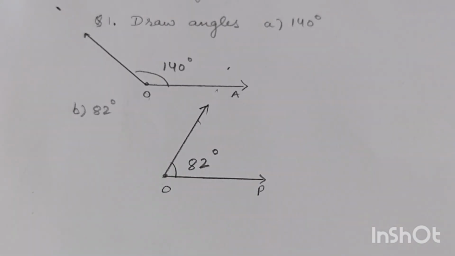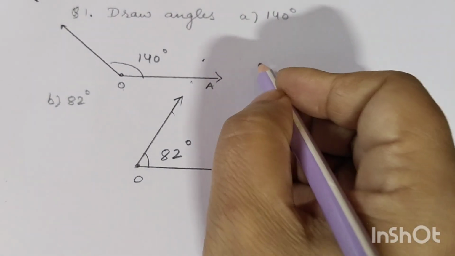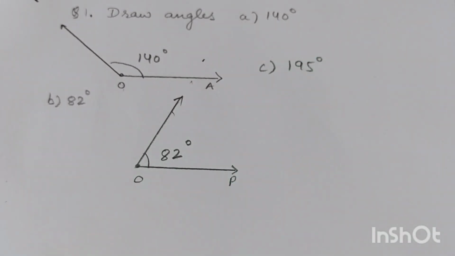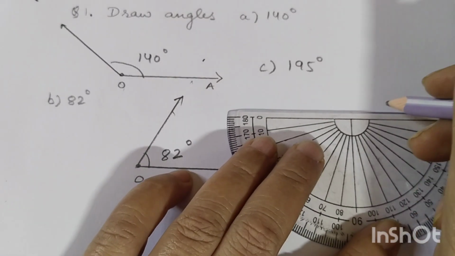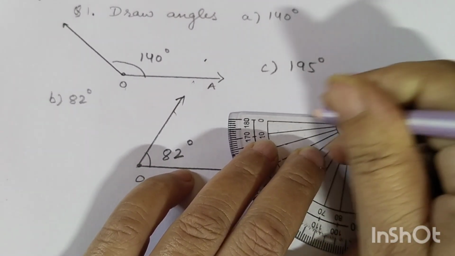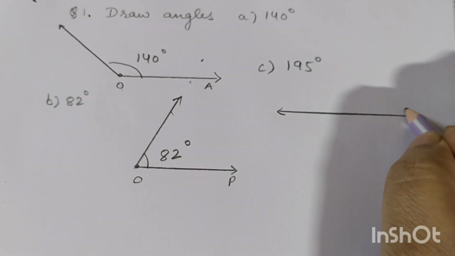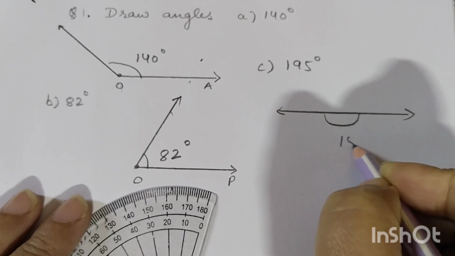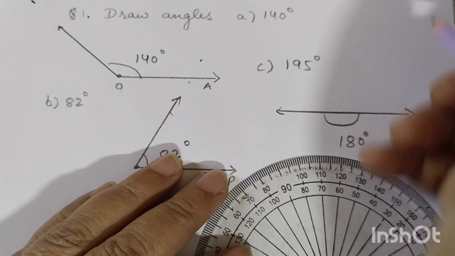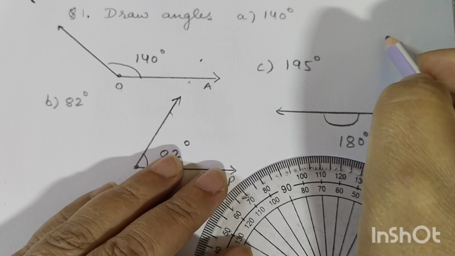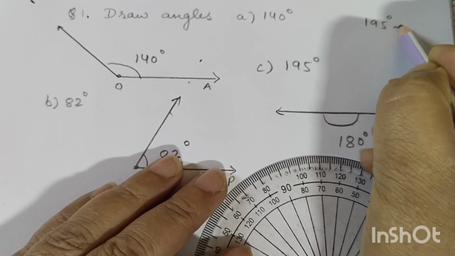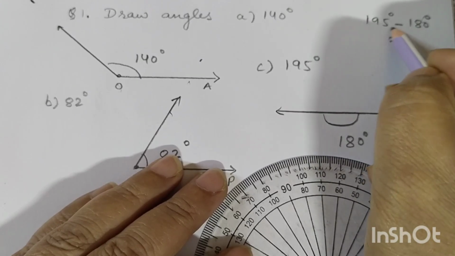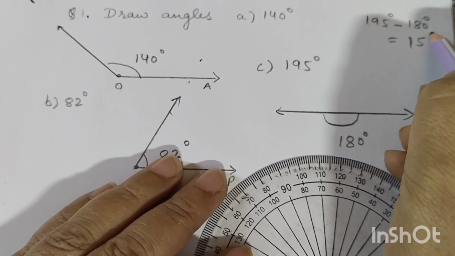Then C part, I am doing here 195 degree. Make a straight angle. This is of 180 degree. 195 degree minus 180, we are left with 15 degree angle.